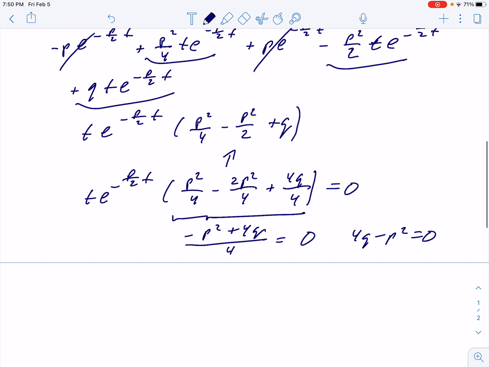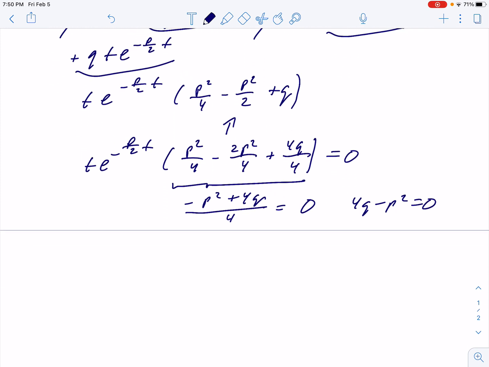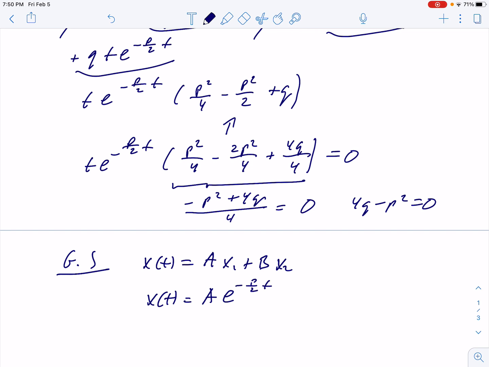So that's how we construct two independent solutions for the equation, and the general solution will be written this way: x of t, let me write the general form, parameter x1 plus parameter x2, and in our case, in the case of repeated roots, this will be a exponential minus p over 2t plus b t exponential minus p over 2t.